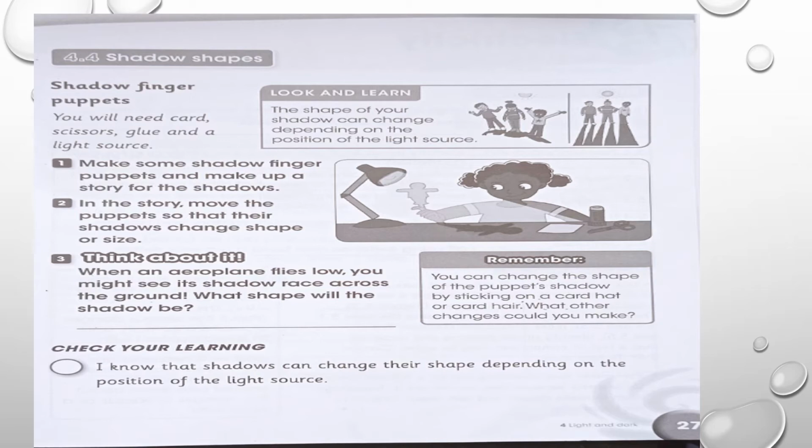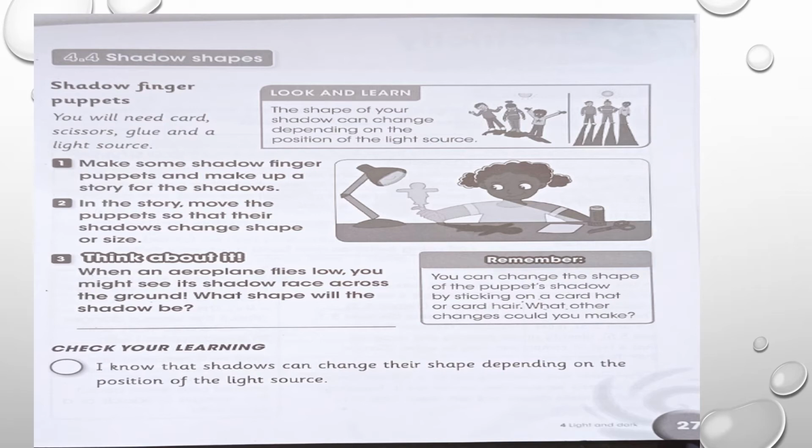Okay, let's open to our challenge books, page 27. Shadow shapes. Remember, we are studying about shadow shapes. So, shadow finger puppets.